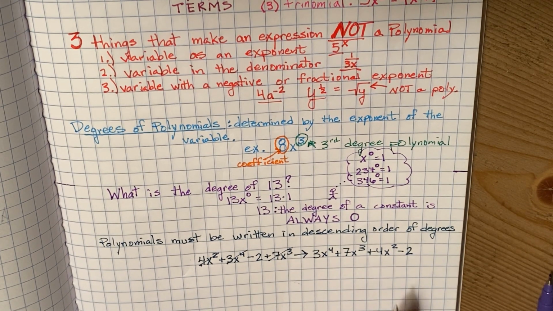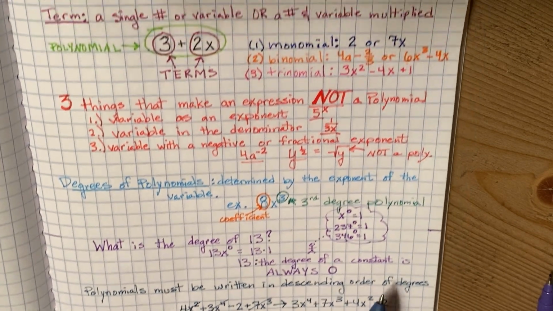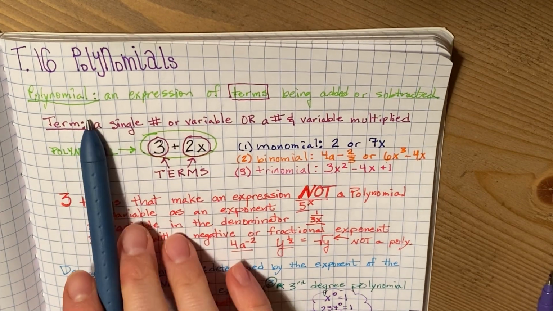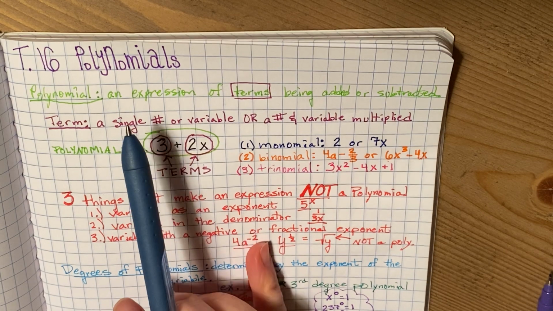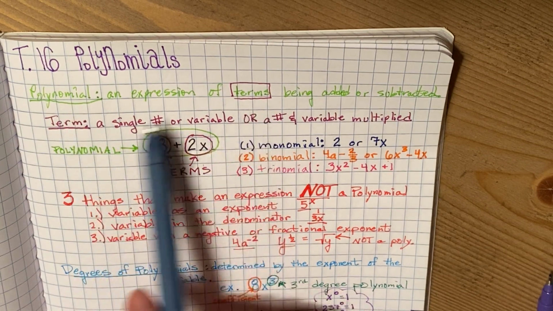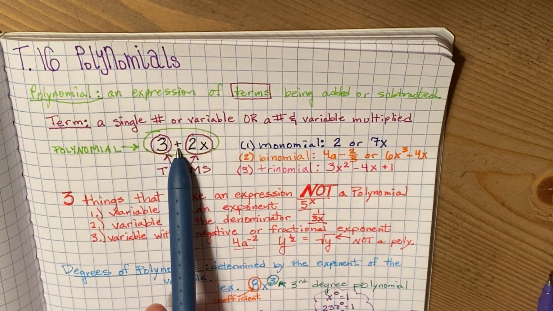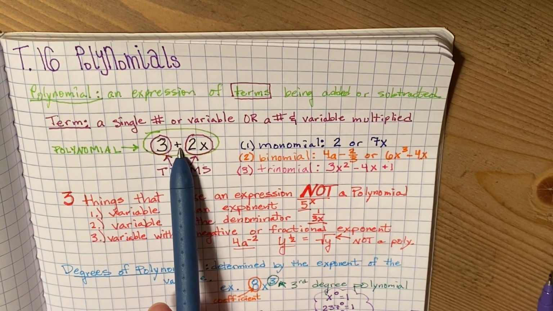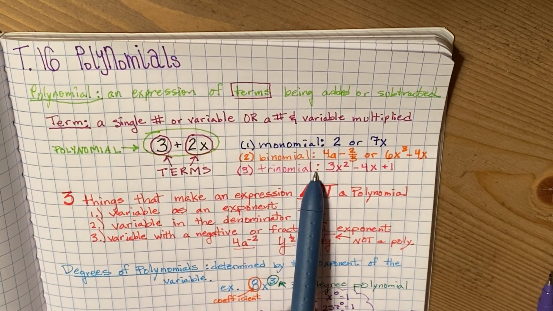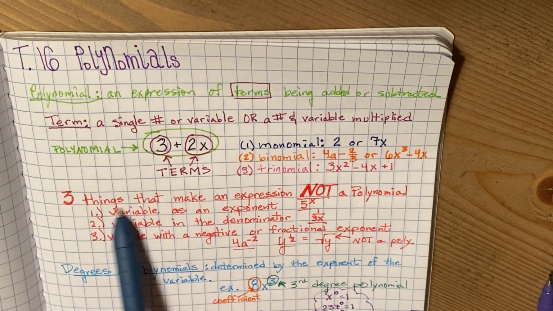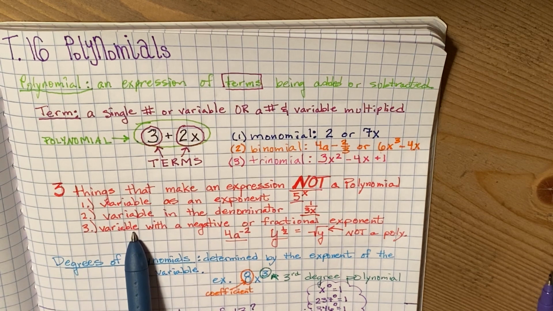Okay? So we covered a lot today. We covered everything I think that we need for a little while. Okay, it'll help us start on Monday. Polynomials, what terms are. The terms, right, are separated by a plus or a minus sign, a positive or a negative. Okay, there's monomials, there's binomials, there's trinomials. All right, 3 things that make an expression not a polynomial, right? Those 3 things.